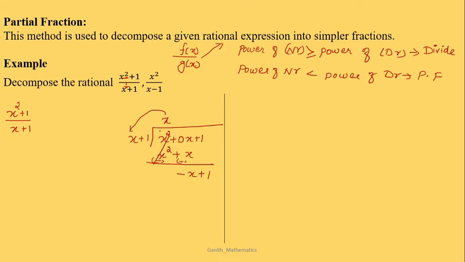There is already an x, so simply replace with 1 and multiply by 1. 1 into x is x, 1 into 1 will be 1. So if you add, minus x plus x will be 0, and 1 plus 1 will be 2.